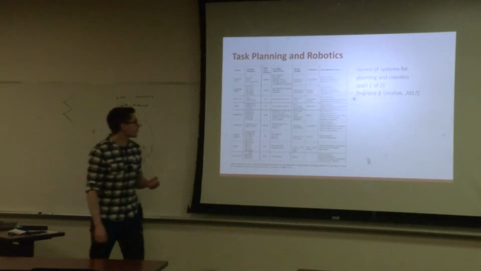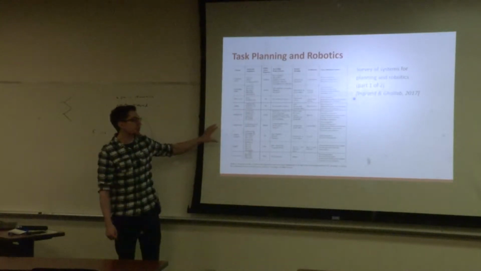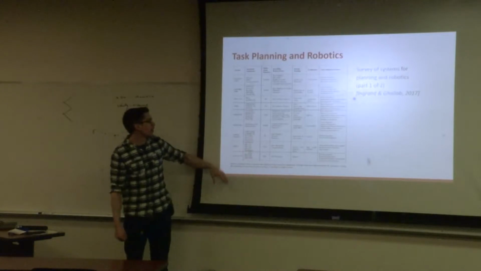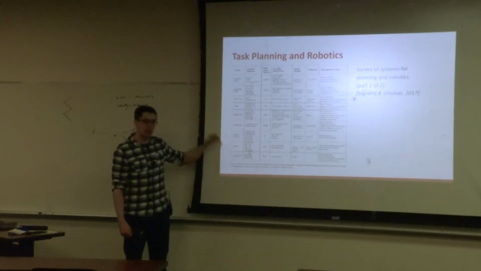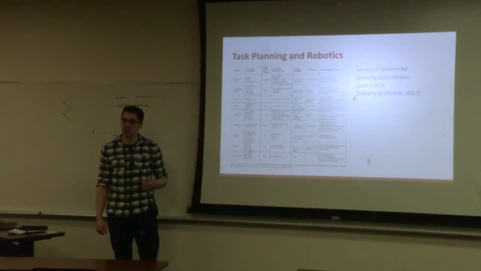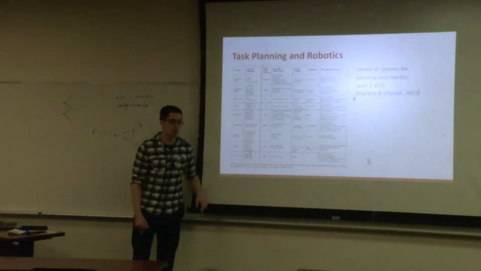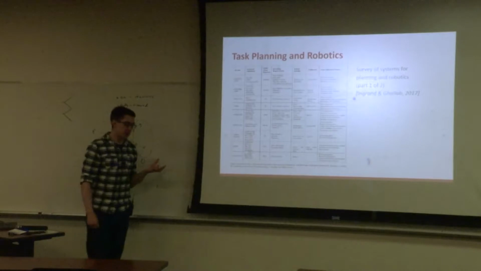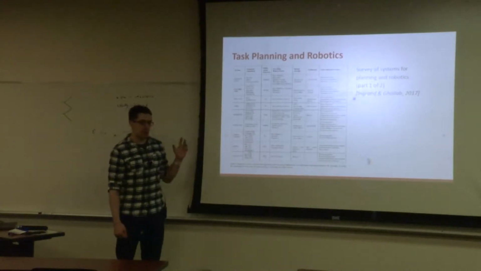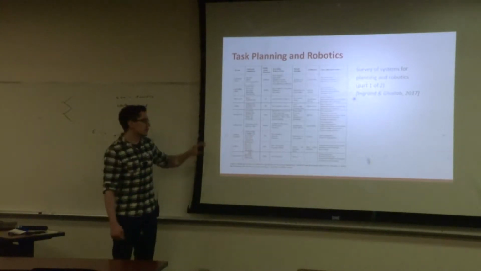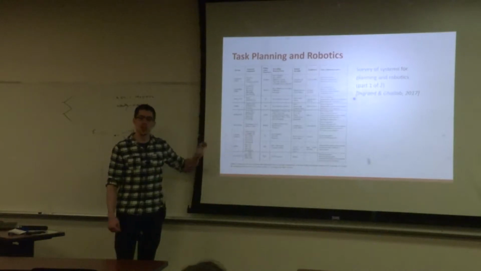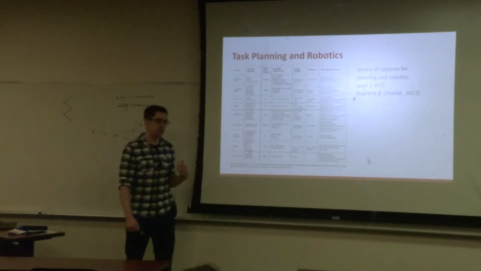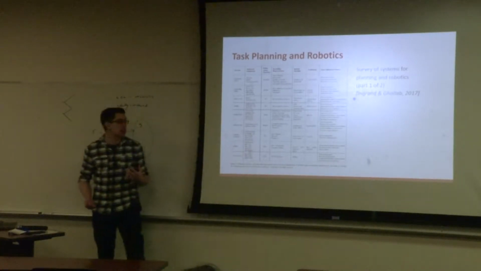So, as a result, this is a table taken from that survey paper of different system architectures for planning robotics. It's actually only half of the table. And as I mentioned in the workshop yesterday, there are many different system architectures, each one geared to tackle some of the problems from that slide, but not all of them.